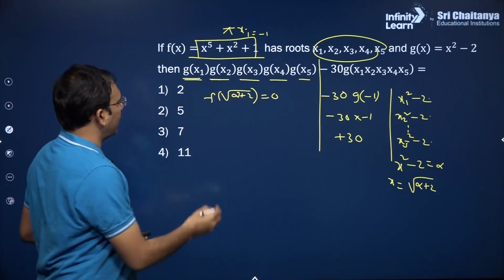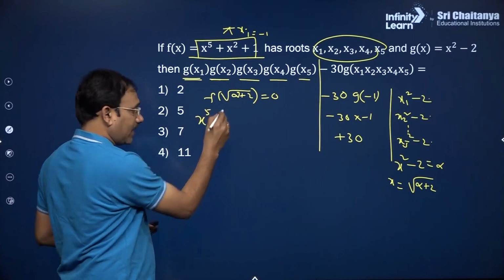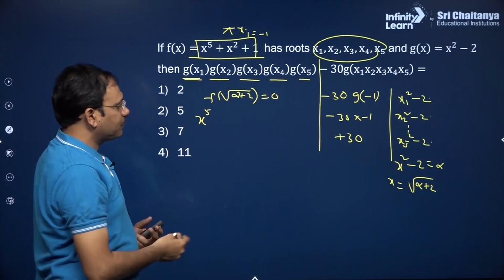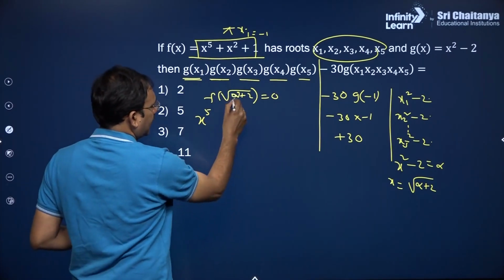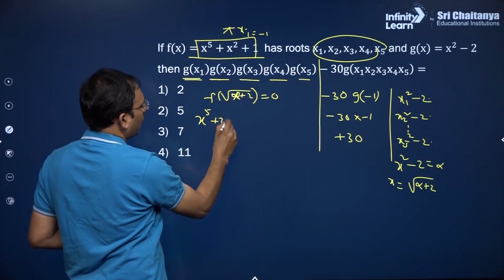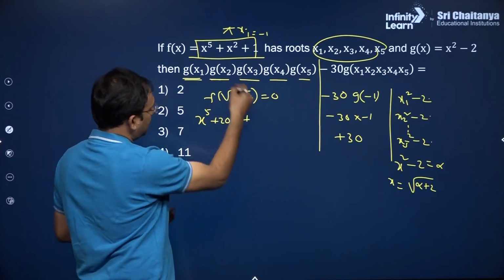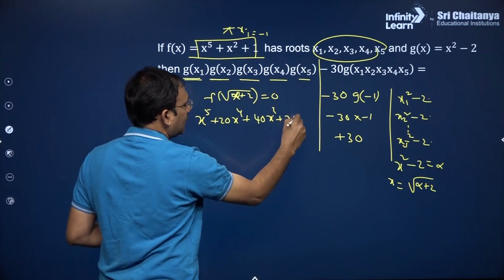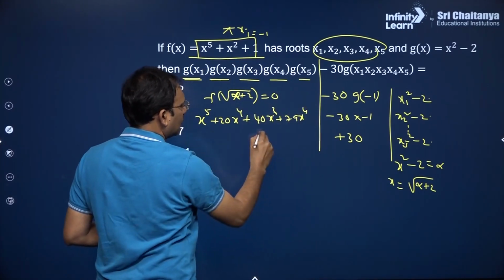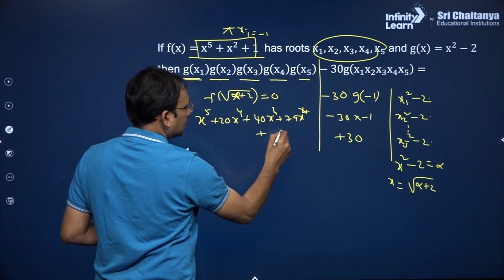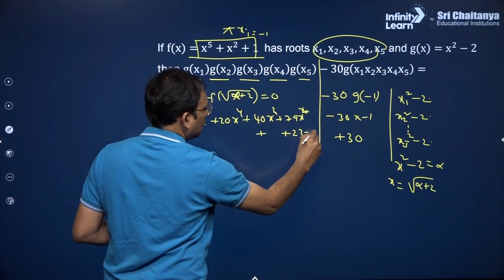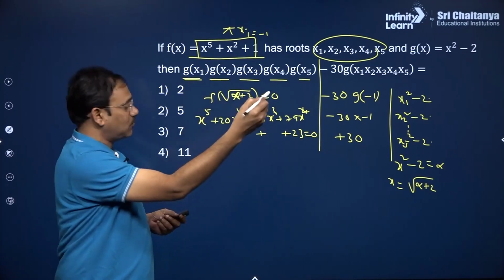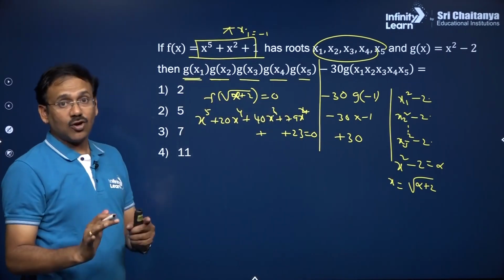If you just simplify, you are going to get root of x plus 2, x power 5 plus 20 x power 4, just write and simplify, you will get 40 x cube plus 79 x square, some x term, plus 23 is equal to 0. Now for this the roots are g of x1, g of x2, g of x3, g of x5. I think you got my point.